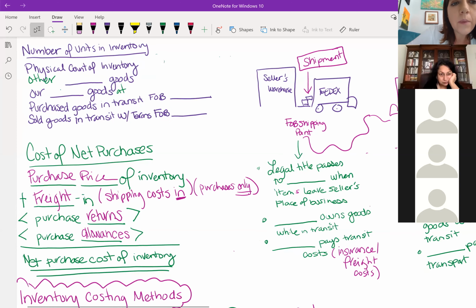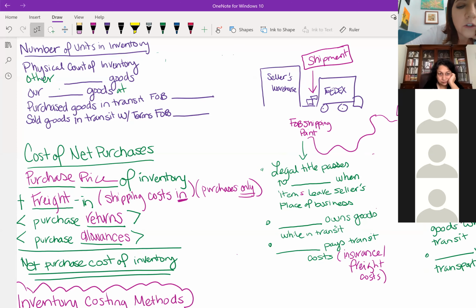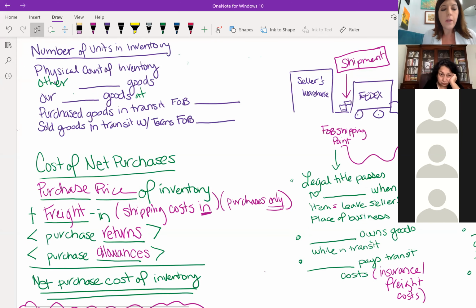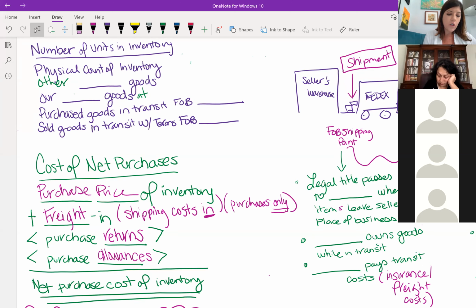First one is going to be the number of units in inventory. So the very first thing that we do with inventory to determine how many units of inventory the company has at the end of the period is that we're going to do a complete physical count of inventory.